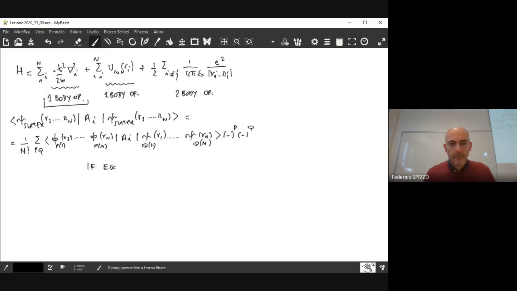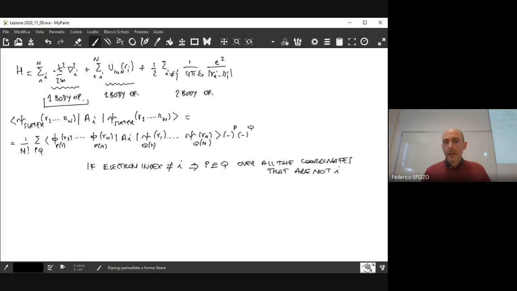And as it was before, we have to require that if the electron index is different from I, so if for a while we forget the I coordinate and we just focus on all the other coordinates, then P has to be equivalent to Q over all the coordinates that are not I. So P has to be exactly the same as Q over all the coordinates that are not I. If that happens, we may rewrite this using the following expression.